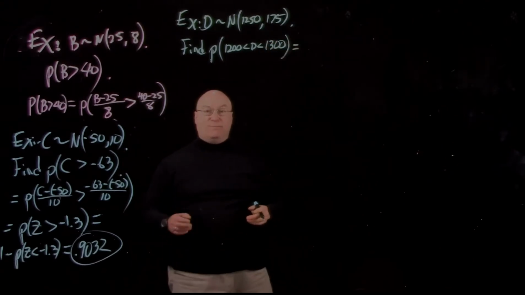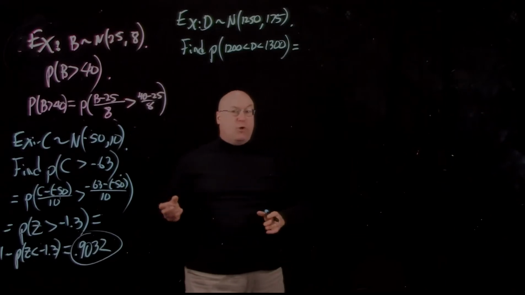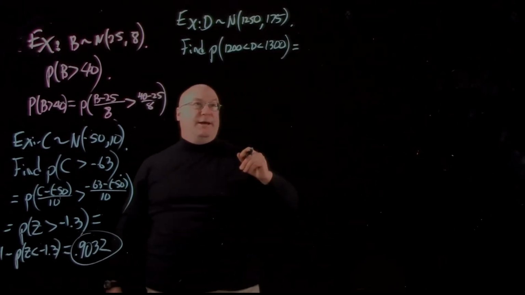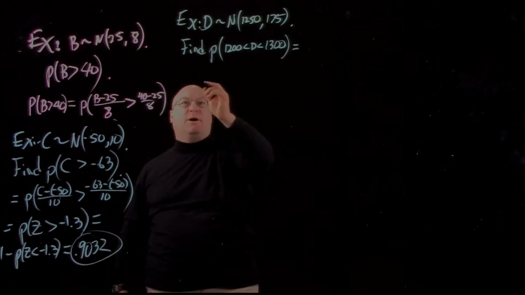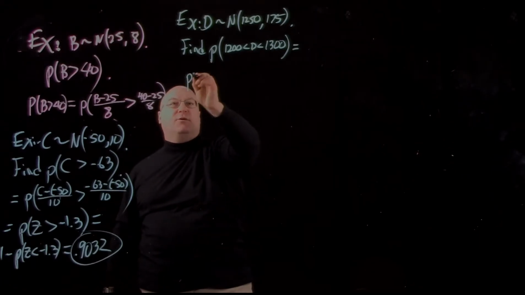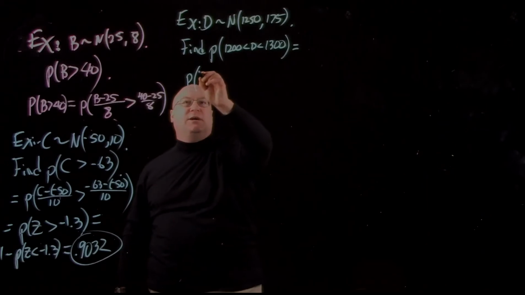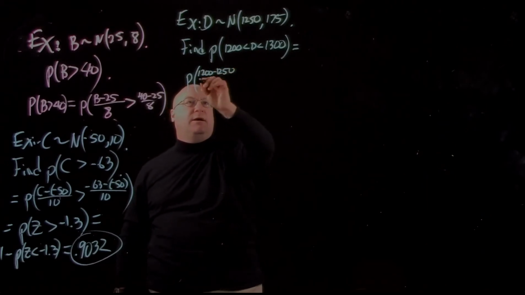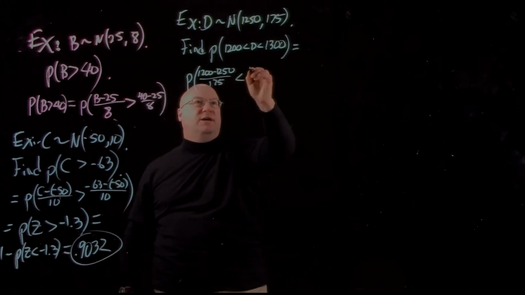So again, please pause me. This is like a problem we've done before. Once you convert it to Z's, it's like a problem we've done before. Okay, off we go. As before, we'll go all the way across, subtract the mean and divide by the standard deviation.